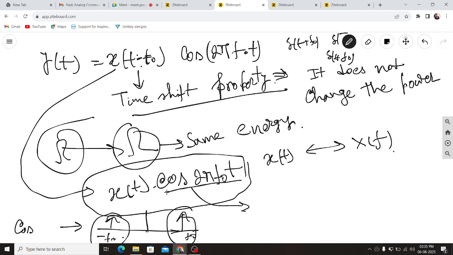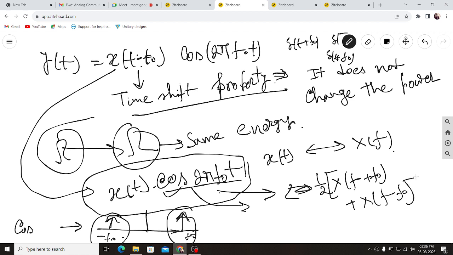So multiplying in the time domain gives a convolution with this signal. The equivalent Fourier transform will be half of X(f plus f0) and X(f minus f0). There will be two components.